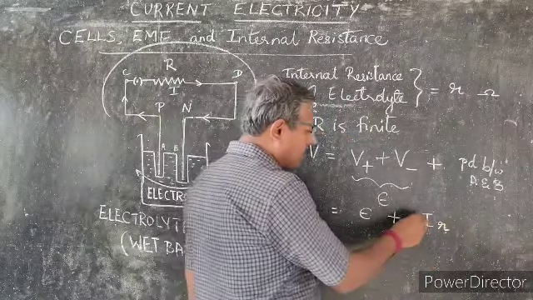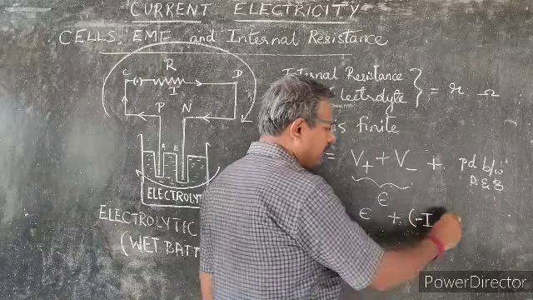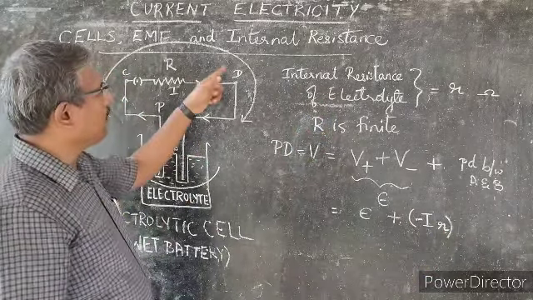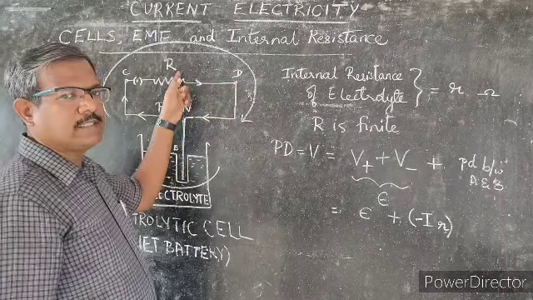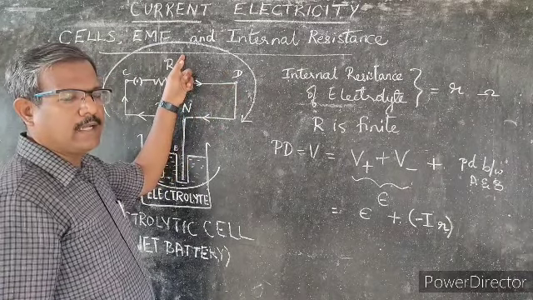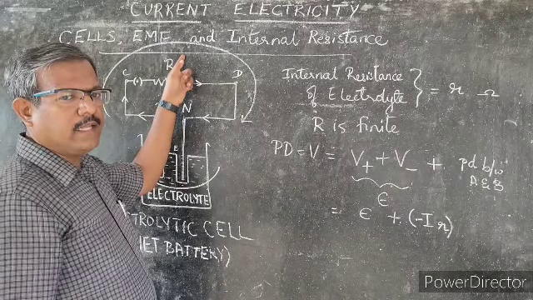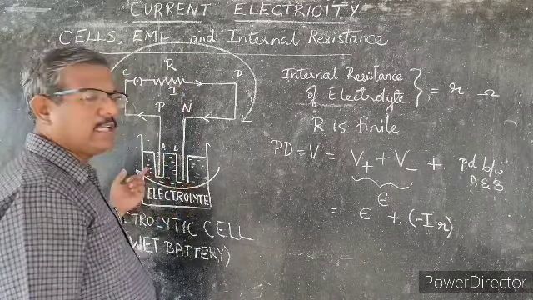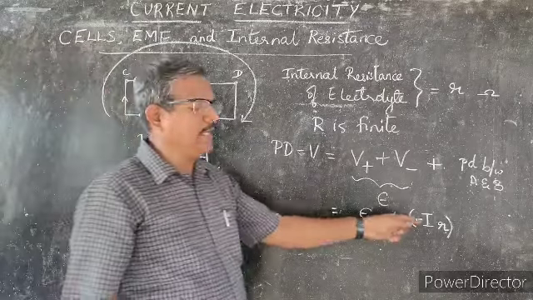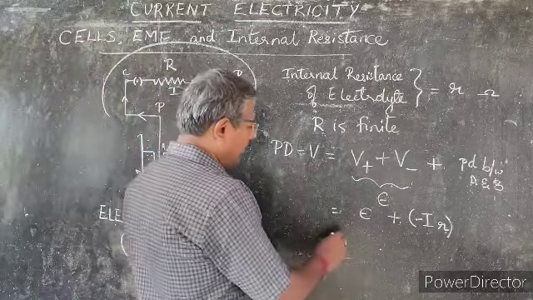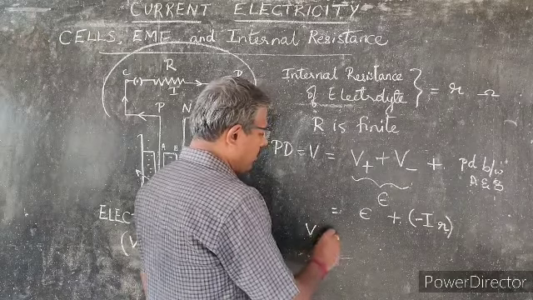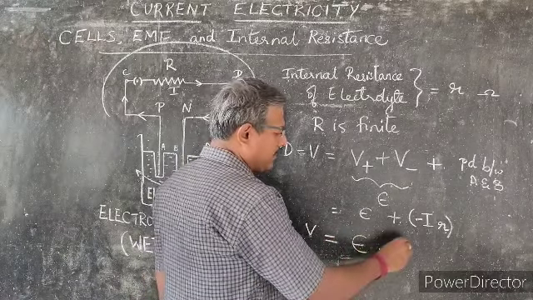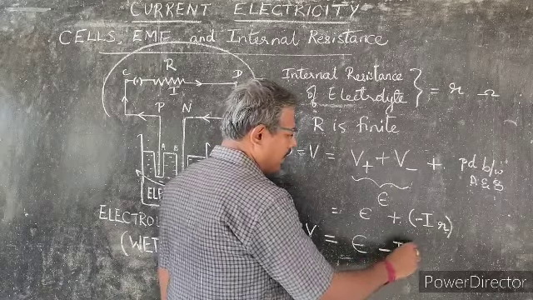I also introduce a negative sign here for the simple reason that the direction of current flow through the resistance capital R is in one direction, and conventionally the current flowing internally is in the opposite direction. Hence, I take it with a negative sign. So effectively, I get the potential difference V is equal to epsilon minus I r.